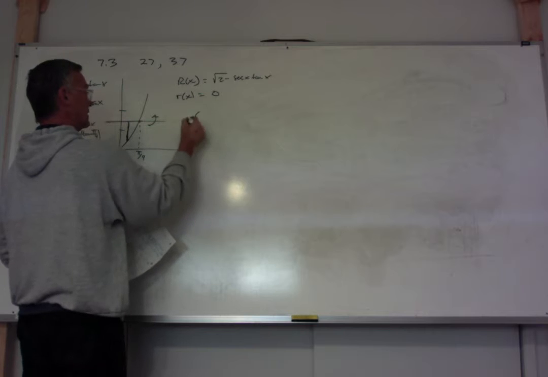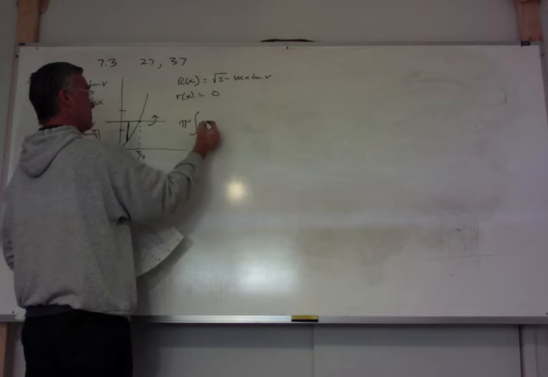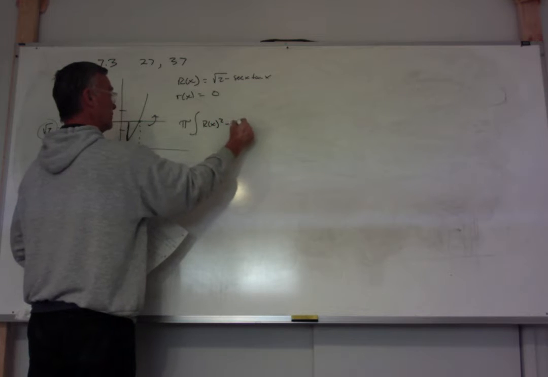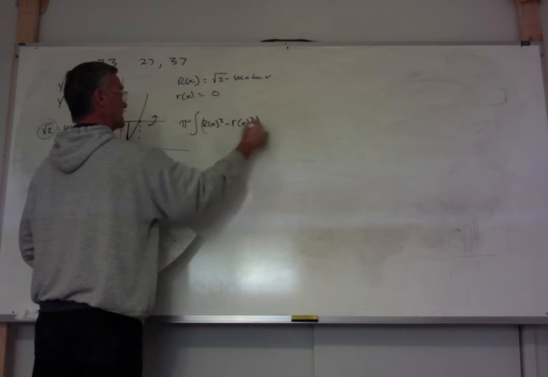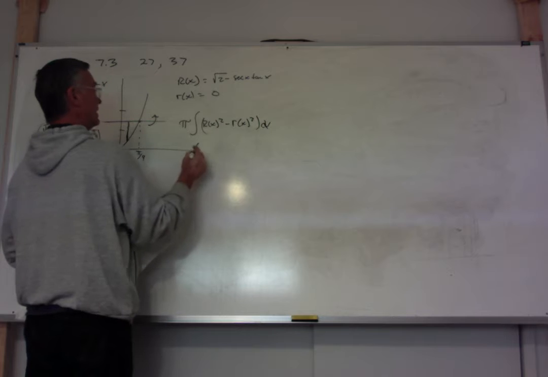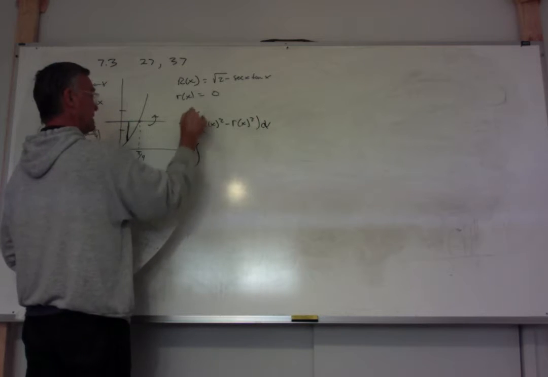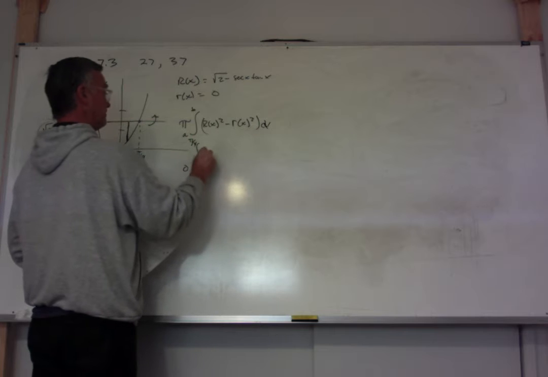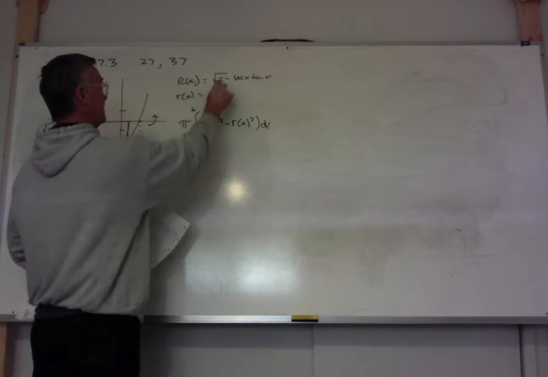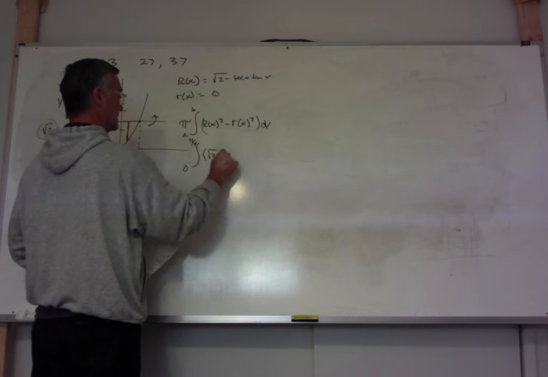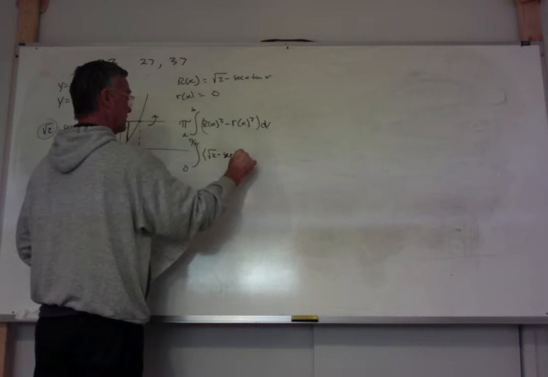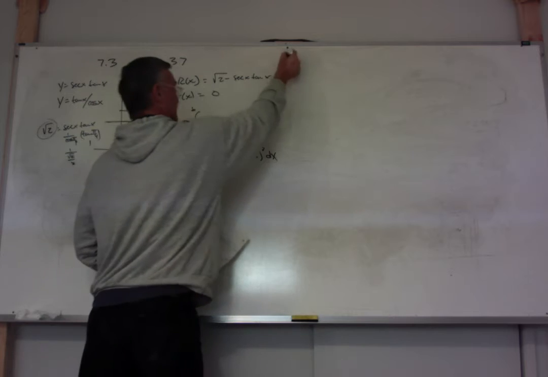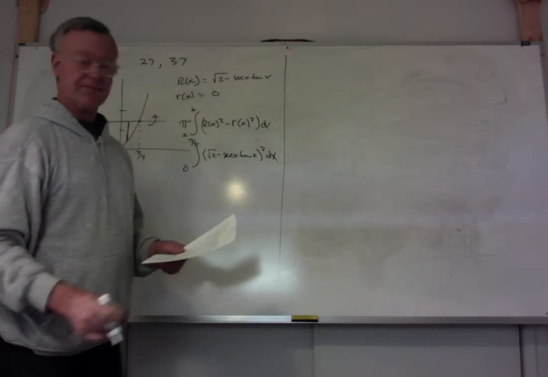I'm not going to work out the numbers, but it would be pi times the integral of big R of x squared minus little r of x squared dx. That's our basic formula. This would be from a to b, which is from 0 to pi over 4. And it would be square root of 2 minus secant of x tangent of x, squared. So that is number 27.